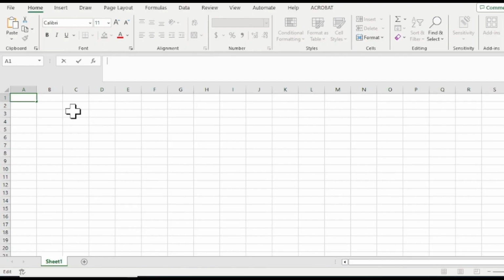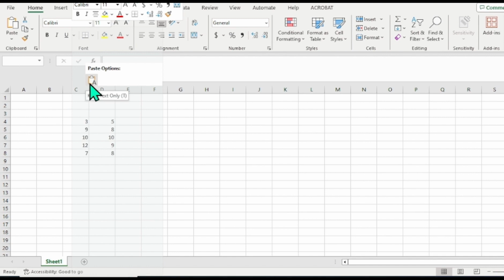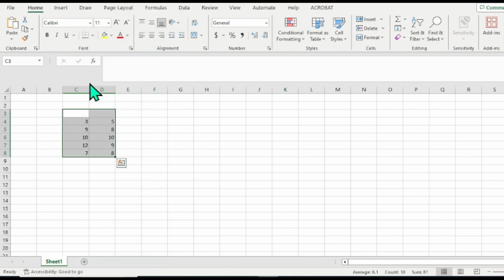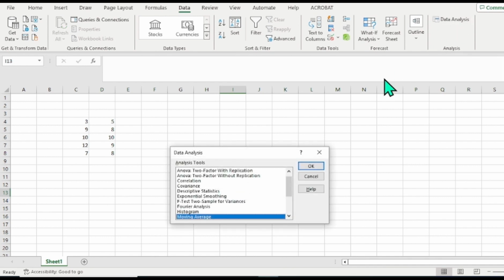Pwede rin natin makuha ang Pearson's r gamit ang Excel. Open nyo lang yung Excel nyo, copy the data, then click dito sa taas, Data, then hanapin nyo po ang Data Analysis, click Correlation, okay.